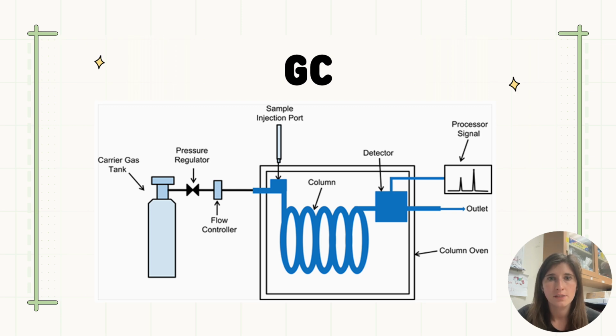The volatility of the substance is the most important factor in defining its separation in gas chromatography. The more volatile the compound is, meaning the lower the boiling point, the more likely it is to be in the mobile phase, and then it's going to have a quicker retention time, so it's going to move faster out of the column.